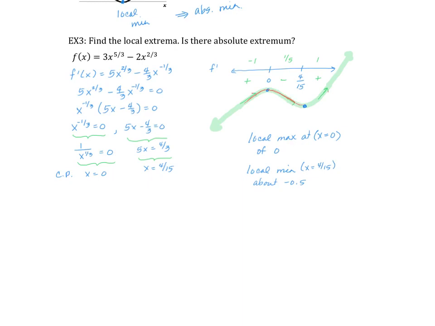If a graph opens upward, we say that the graph is concave up. So another thing that a derivative can tell us is the actual shape of the graph. Not just if there's local min-max, absolute min-max, and increasing, decreasing. It can also tell us the shape of the graph, if it's concave up or if it's concave down.